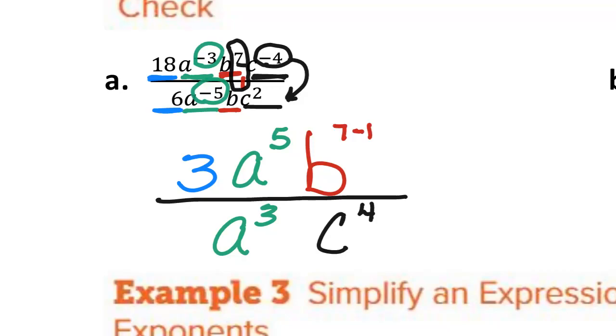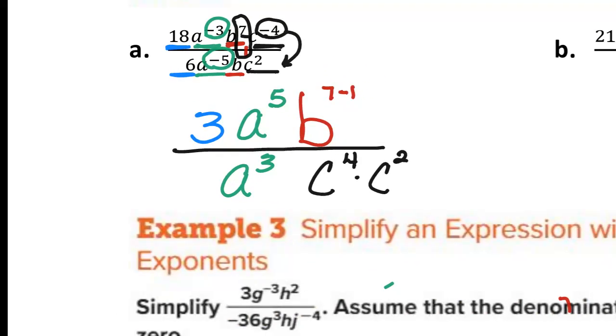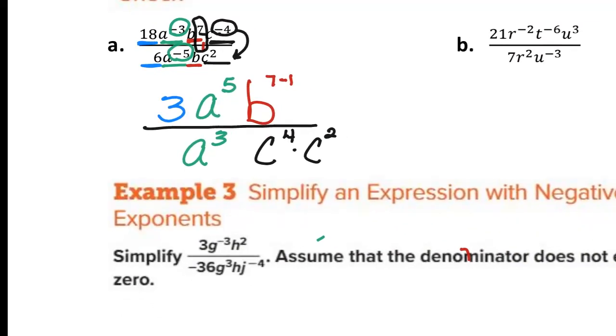What about that c squared? Do I need to move that one? No, it's not got a negative exponent. So I just put times c squared and keep it there. Okay? And again, some of you are going to want to do several steps at the same time, but just work it out step by step.